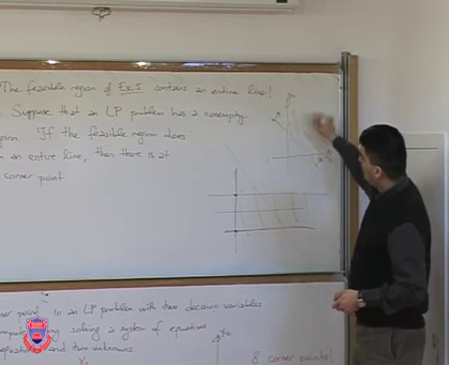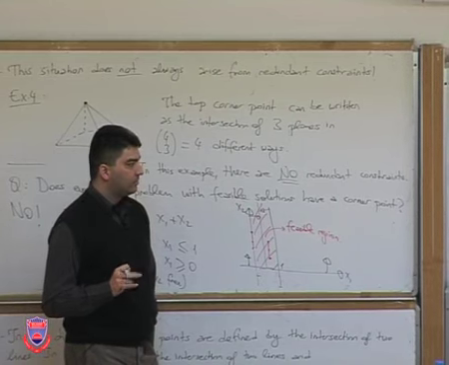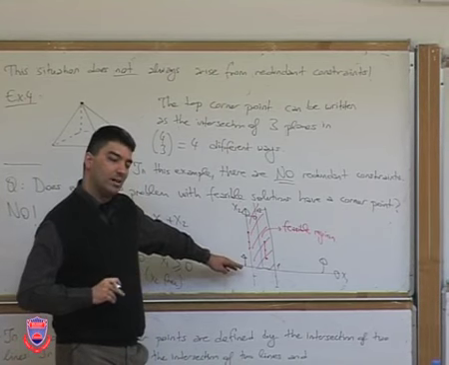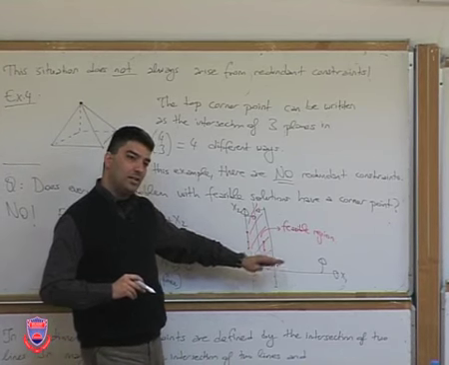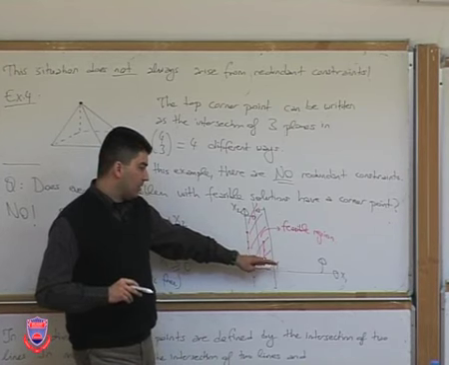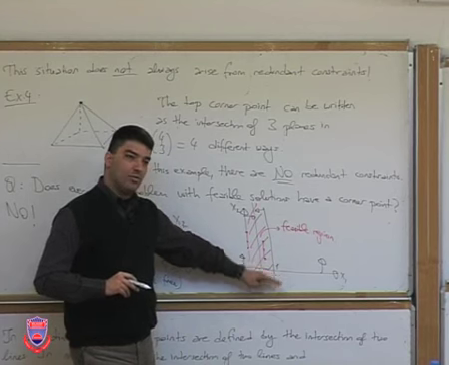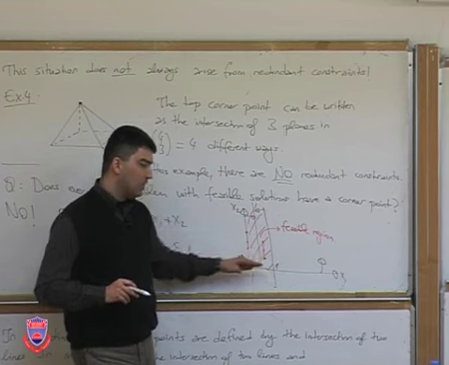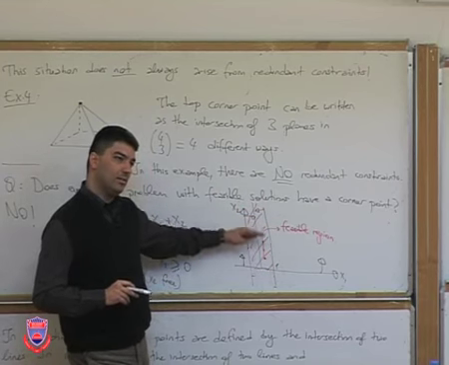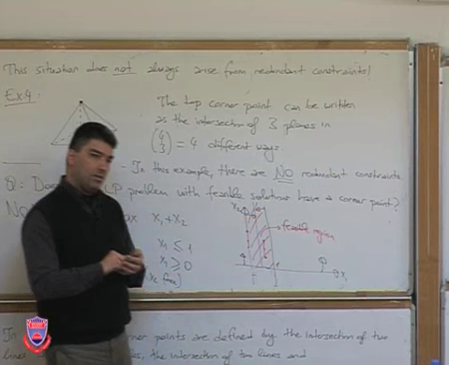Where does this come from? Try to think of this example. What happened after I added the x2 non-negative constraint? I got rid of this portion of the feasible region, and now this blue line is no more included in my feasible region. So what's the connection?